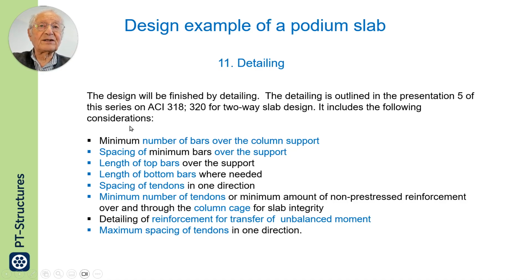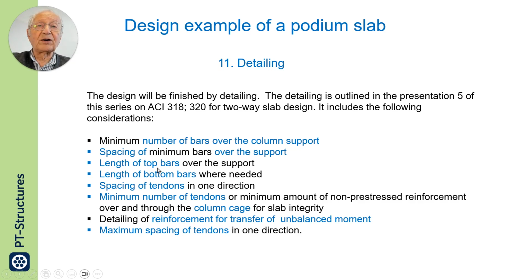After the design is done, you go through these steps which are explained in presentation 5. There must be a minimum number of bars over the support. You have to have 4 bars minimum. There is a requirement for spacing of the bars over the support: it shall not be more than 12 inches. That is also given in that presentation.